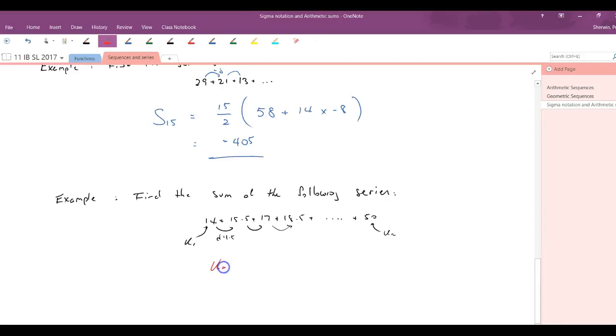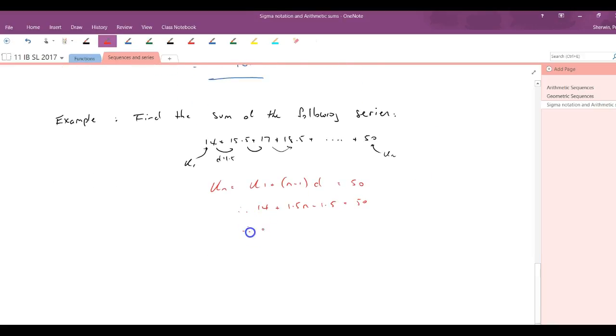So I know that un is equal to u1 plus n minus 1 times d. Now in this case my un is 50, and my u1 is 14. So I can go 14 plus, I know d is 1.5, so 1.5n minus 1.5 is equal to 50, and I can solve this for n.